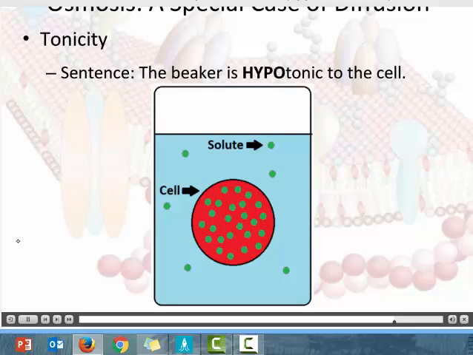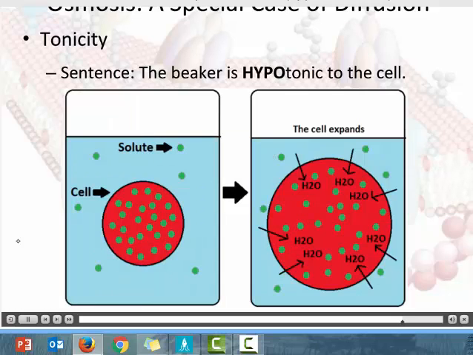So what direction is the water going to move in? If the beaker is hypotonic to the cell, water will move into the cell, and the cell will swell and possibly burst. Okay?